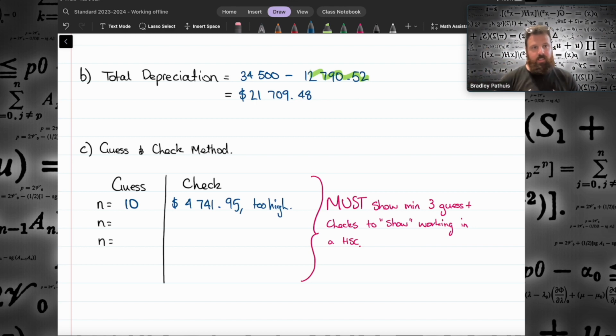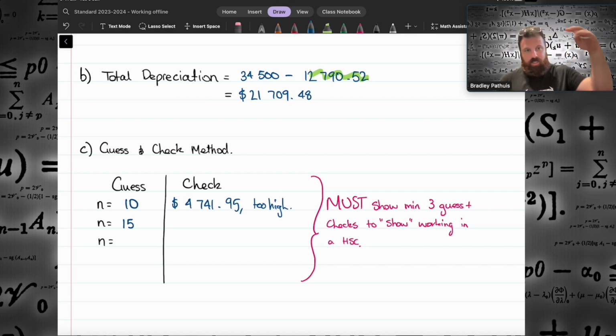So it needs to be a longer period again. Now 12,000 down to 4,000. That was an 8,000 drop over those 5 years. So let's go another 5 years. So let's guess 15. I'm thinking 15 is probably going to get us pretty close now.